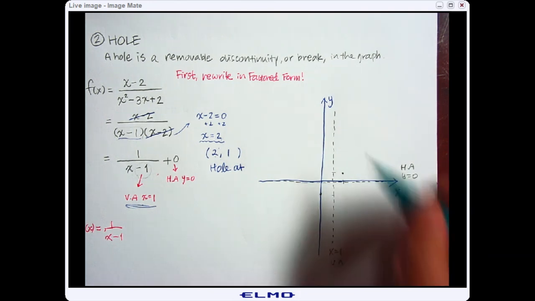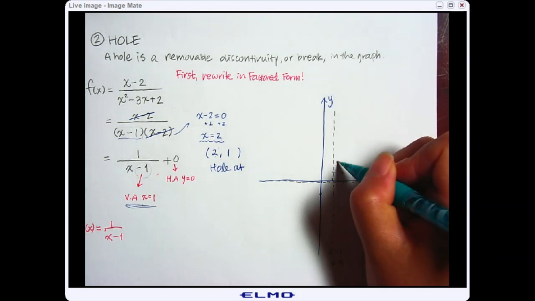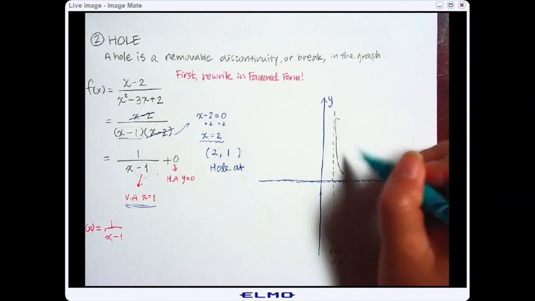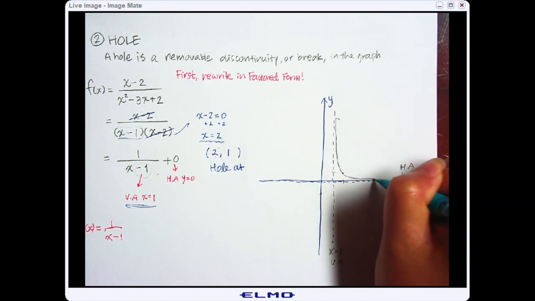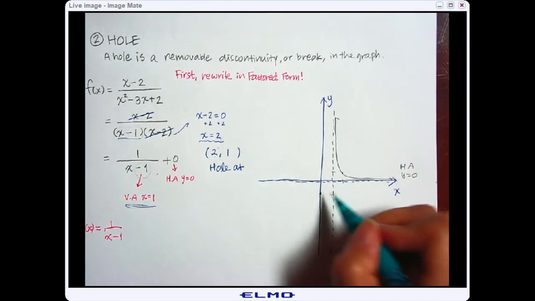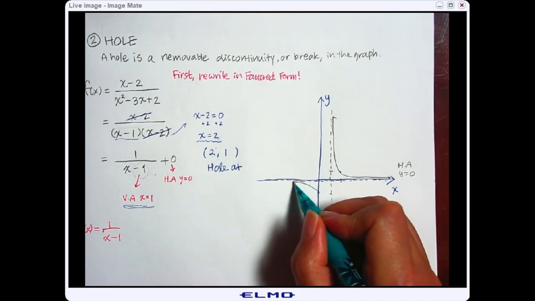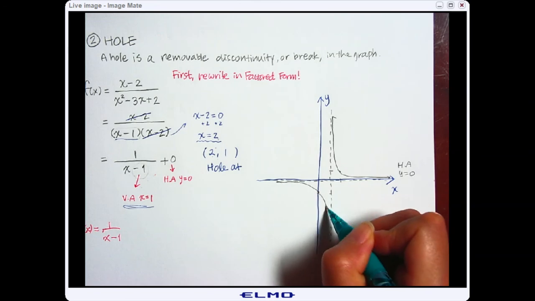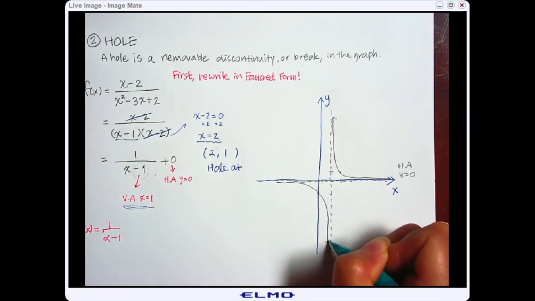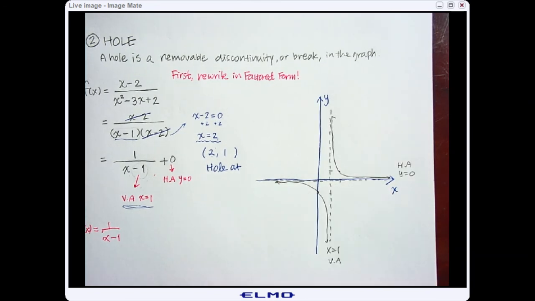Then now I can expect my graph will have this asymptote behavior as I go closer to each side of the asymptote, following the direction.